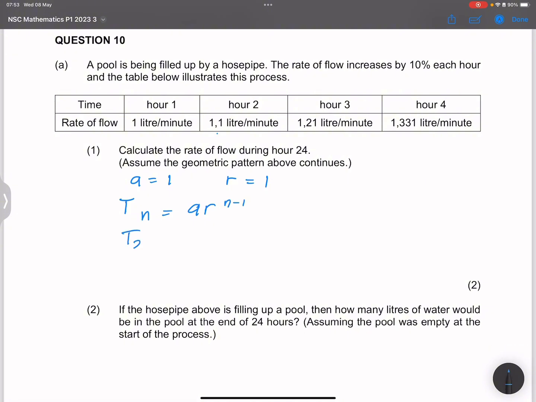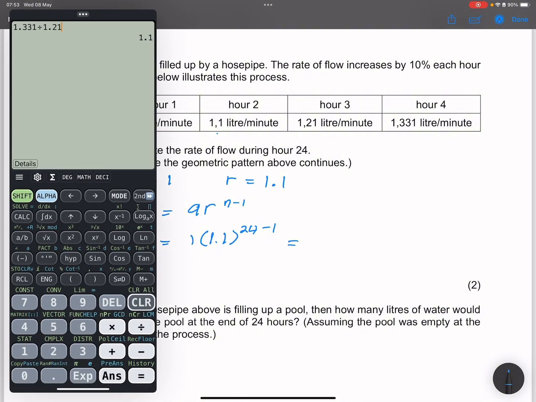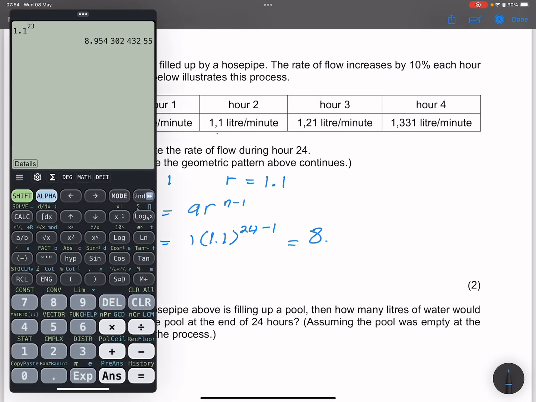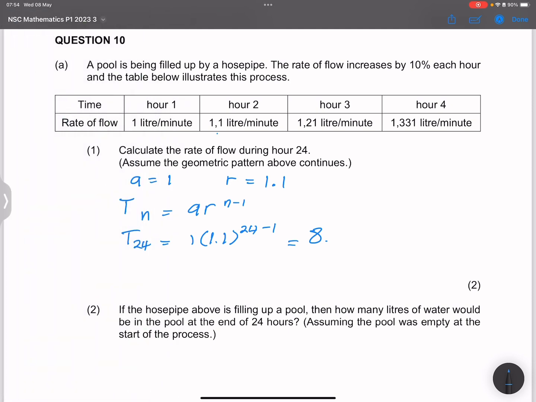So if we're looking for T24, this would be 1 times 1.1. Sorry, I said r is 1. It should be 1.1. So 1.1 to the exponent 24 minus 1, that is 23. And that means that we would be at 8.94 in 24 hours.